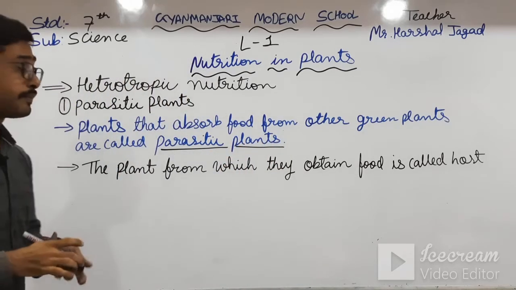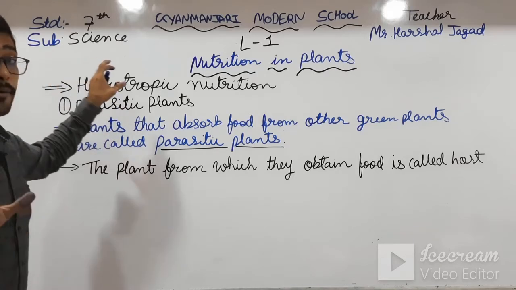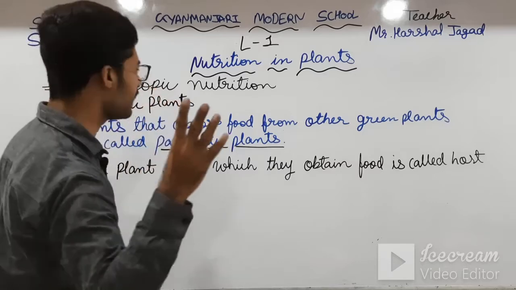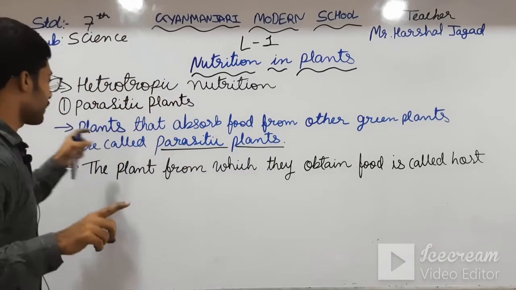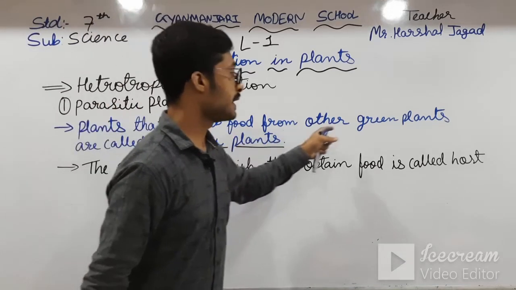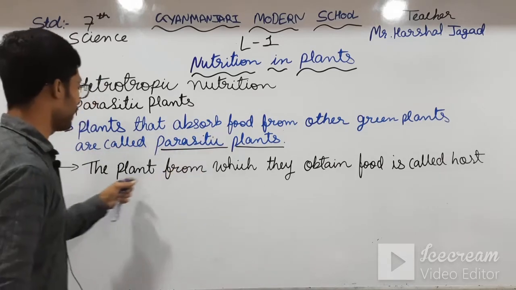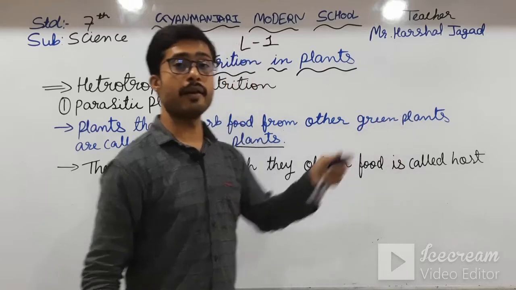Okay, students, these are the parasitic plants, and these are the heterotrophic nutrition. In that there are 4 types of the plants. In first, there is parasitic plants. What they just do is, plants that absorb food from the other green plants are called the parasitic plants, and the plant from which they obtain food is called their host.